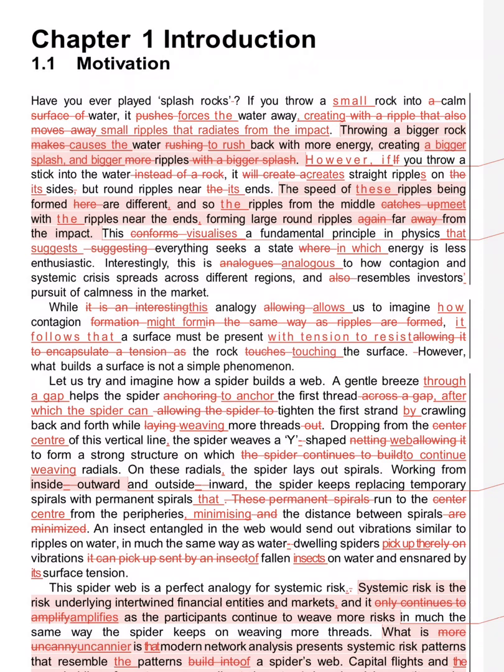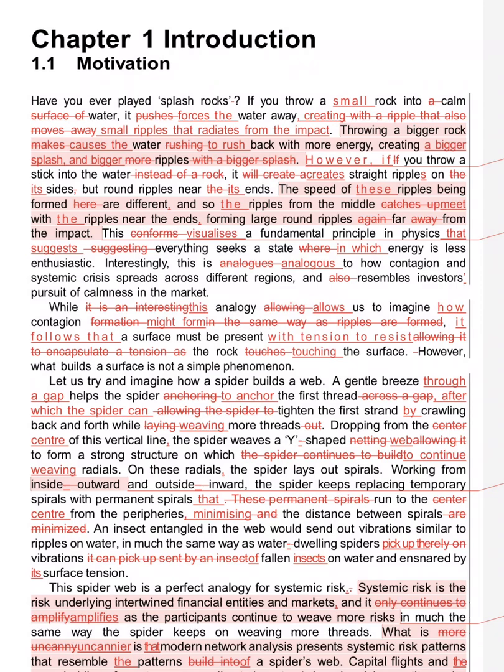Focus. The speed of these ripples, the speed of ripples is the speed of ripples. There's nothing called speed of ripples. The speed of these ripples being formed are different, and so the ripples from the middle.